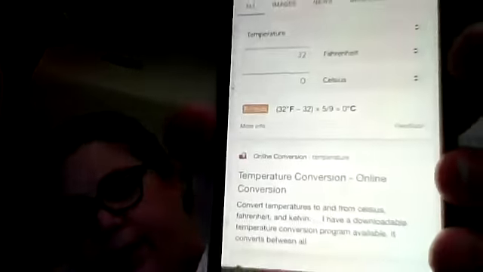You can see on there, it says at 32 degrees Fahrenheit, 0 Celsius. That's because those are equal temperatures. 32 degrees Fahrenheit is freezing in Fahrenheit, and 0 degrees Celsius is freezing in Celsius.